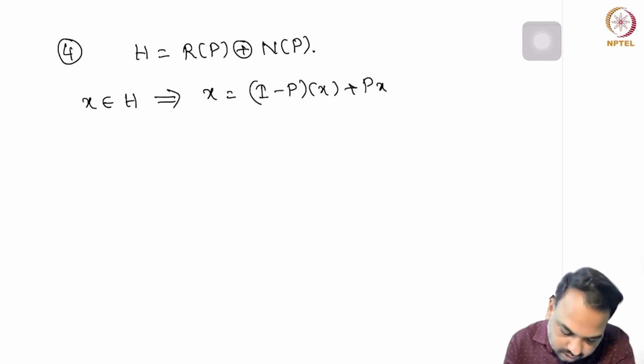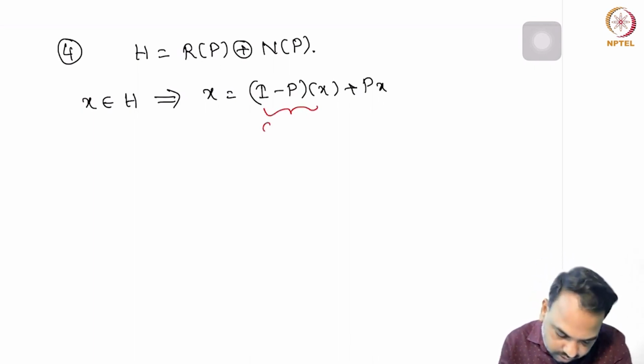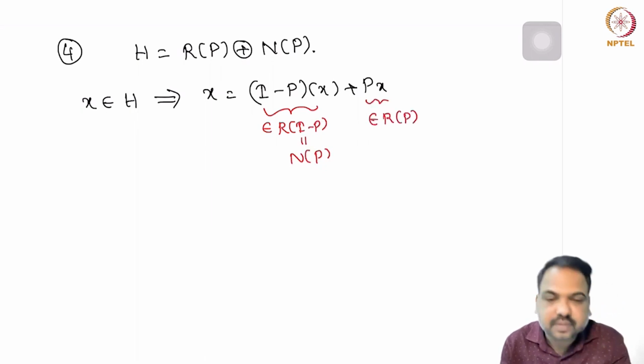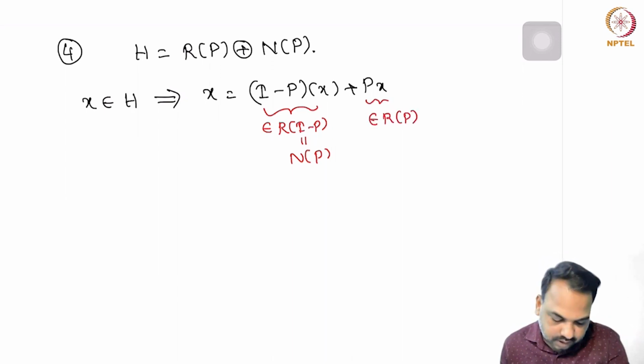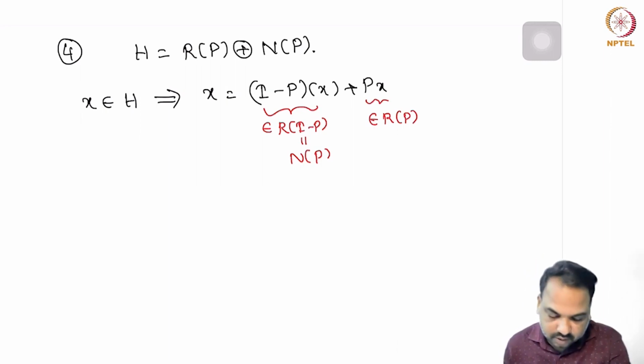Now we observe that this element (I minus P)x is an element of the range of I minus P, but we have observed that this is exactly the null space of P, and anyway Px is an element of the range of P. So H can be written as the range of P plus the null space of P.